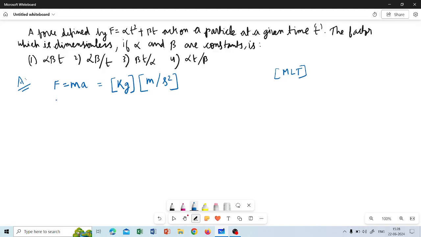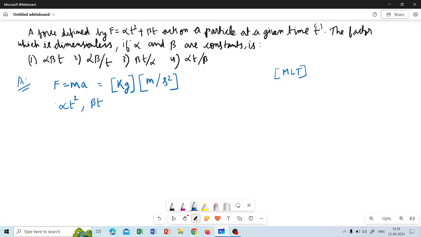And then you have to know the simple rules. You know that the force is the sum of two quantities from the expression alpha t square and beta t. So to add two quantities, they should be of the same dimensions.